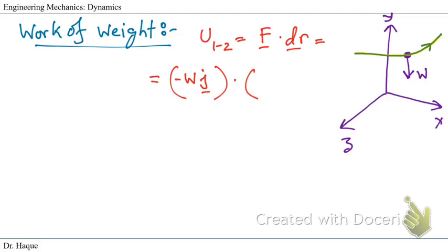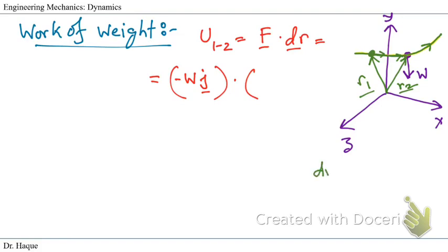So if the particle was previously here and now here, the previous coordinate was the r1 vector, and now the position is the r2 vector. The change in position is dr.